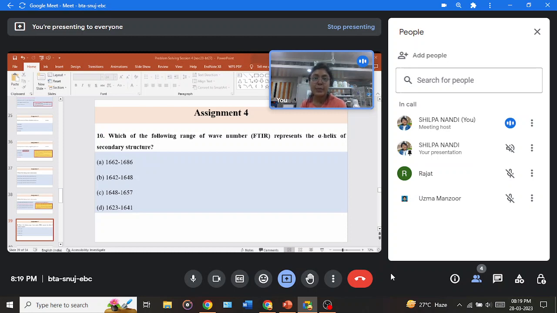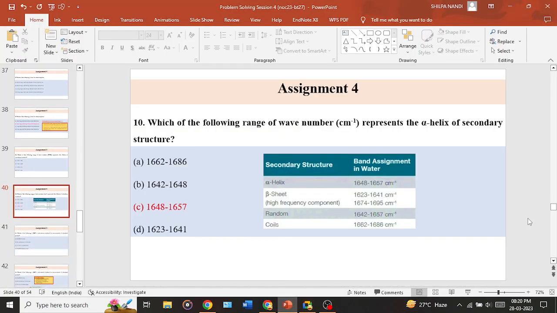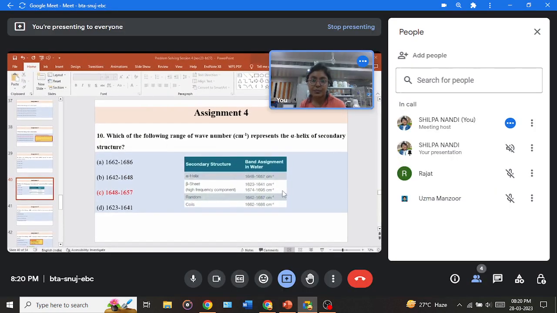This is basically based on the standard table that you refer to when you do an FTIR and when you plot the infrared peaks in a Gaussian graph. Okay, so I will just show you what is the table and you can relate to it then.